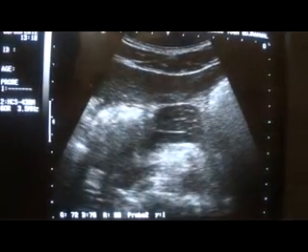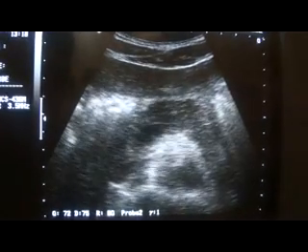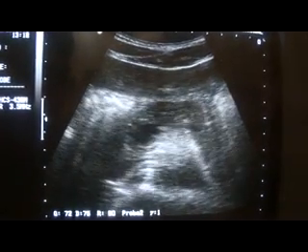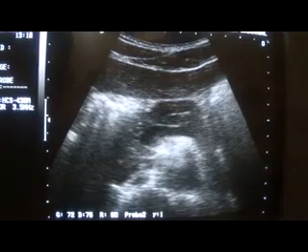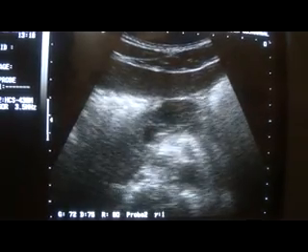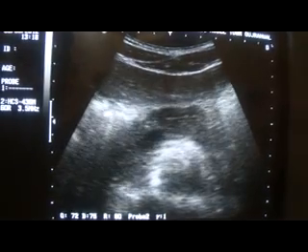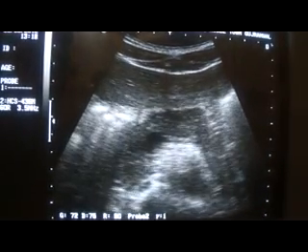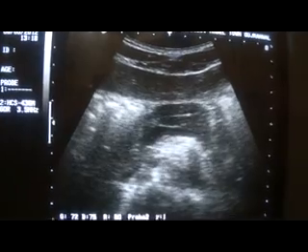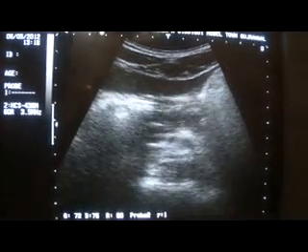These structures will be visualized if you place the probe just below the xiphoid process and give a little angling if you need. You can maneuver the probe sideways.